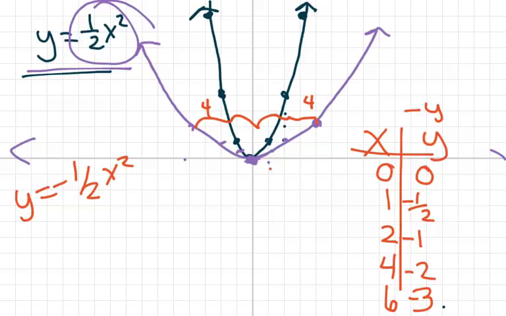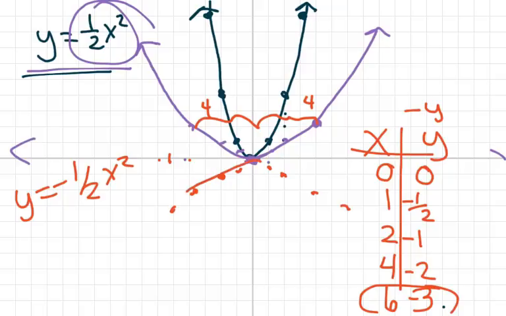So I'm just going to go down here, here. 2 goes to negative 1. 4 goes to negative 2. 6 goes to what? So we go, this is 4, 5, 6. 1, 2, 3, 4, 5, 6. 6 goes to negative 3.